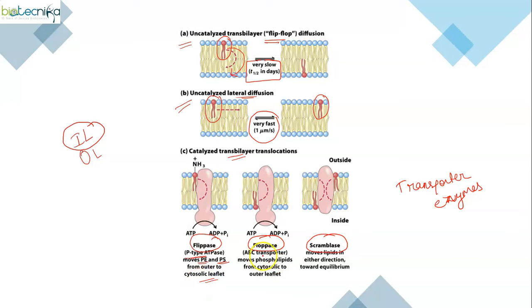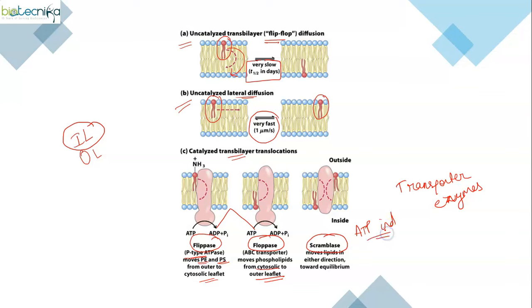Floppases, which is carried out by ABC transporters. Floppases, O stands for outer leaflet. So, the phospholipids will move from the cytosol to the outer leaflet. Remember, these two processes are ATP dependent, whereas scramblases are ATP independent.